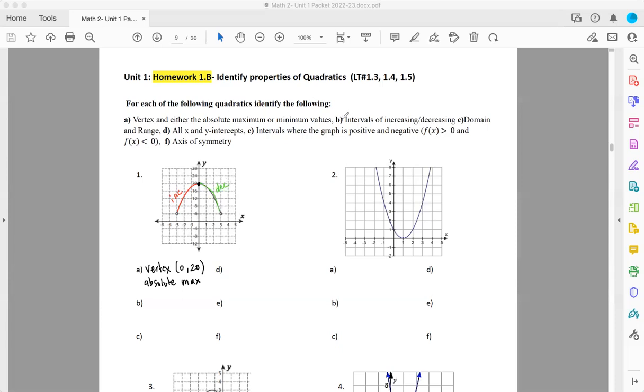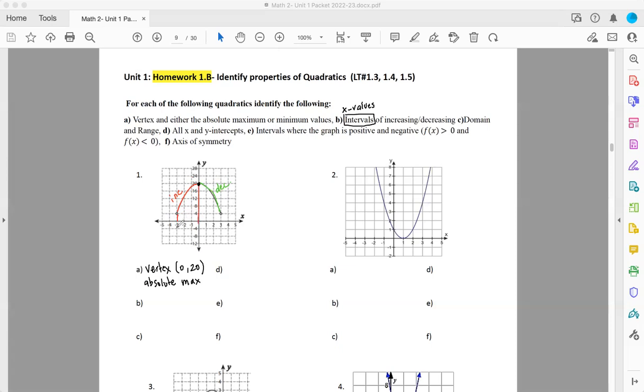So when they ask us for intervals, technically we are being asked for x values. These are intervals of x values for which the graph is increasing or decreasing. In other words, what are the x values that correspond to this portion of the graph? The graph starts increasing from this point on the x-axis to this point on the x-axis.